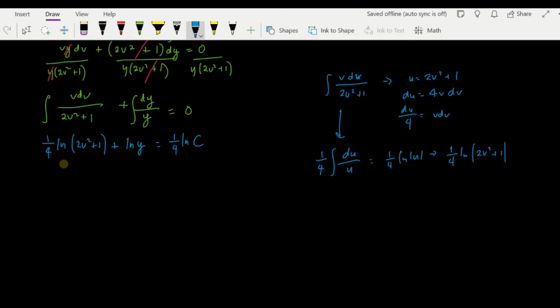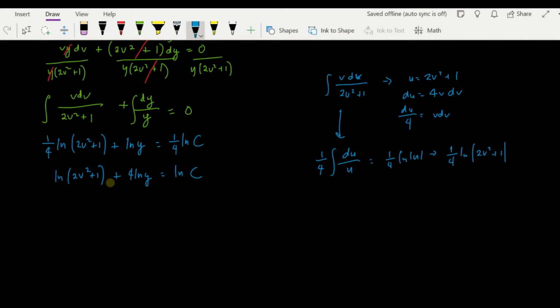Okay, so makikita nyo dyan, lahat may 4 sa denominator, so pwede natin i-multiply both sides by 4, kaya magiging ln of 2v squared plus 1 plus 4 times ln y, so 4 ln y equals ln c. Okay.